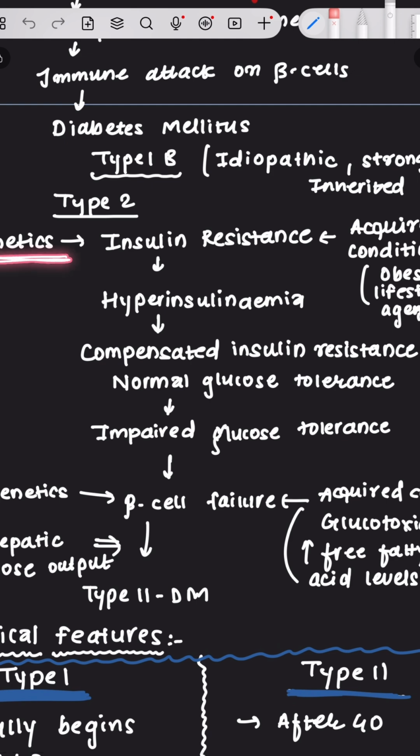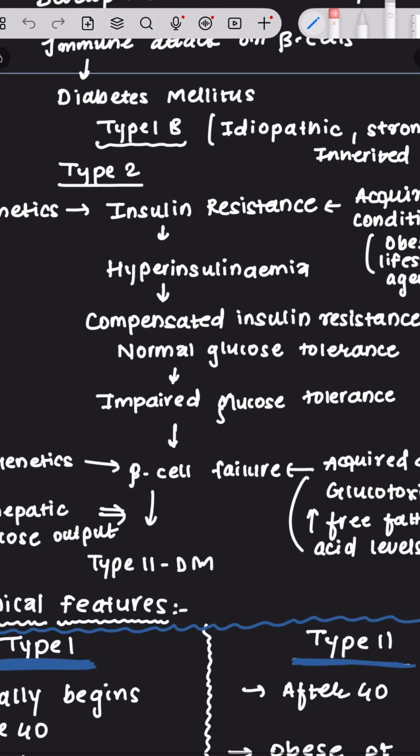Now type 2, there is also genetic predisposition and acquired condition, that is lifestyle, obesity, aging, different kinds of eating habits. So this ultimately leads to insulin resistance, which leads to hyperinsulinemia. As we've discussed earlier, diabetes mellitus is increase in the level of glucose.